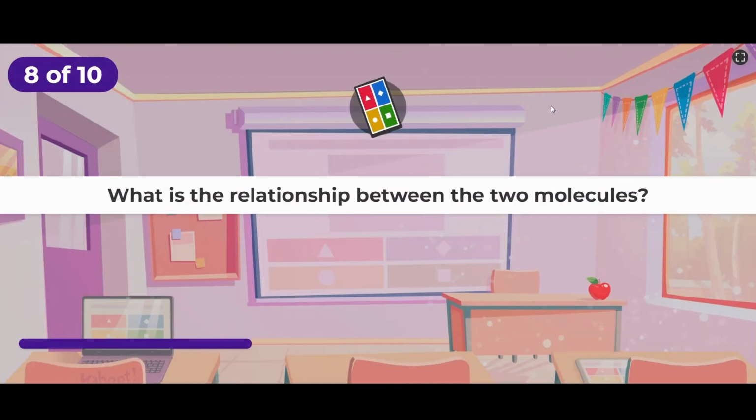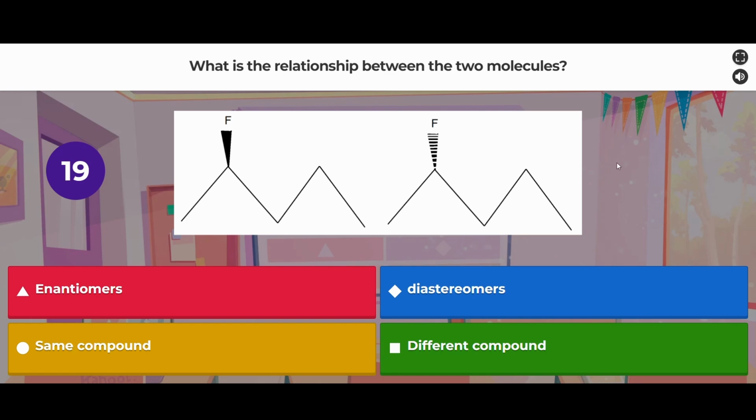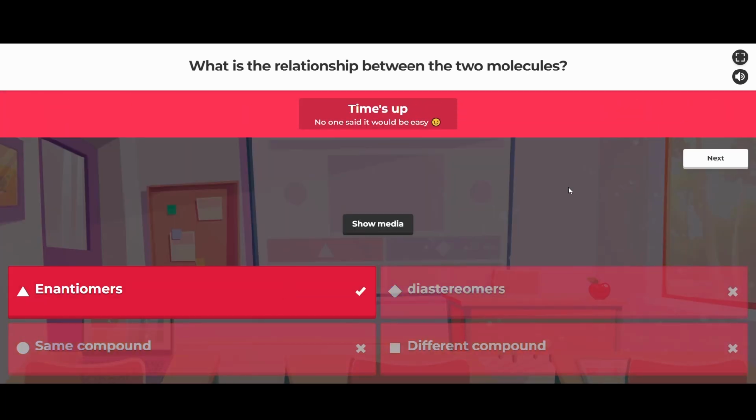Question 8. What is the relationship between the two molecules? Okay, wow, time's up right when I clicked on it.